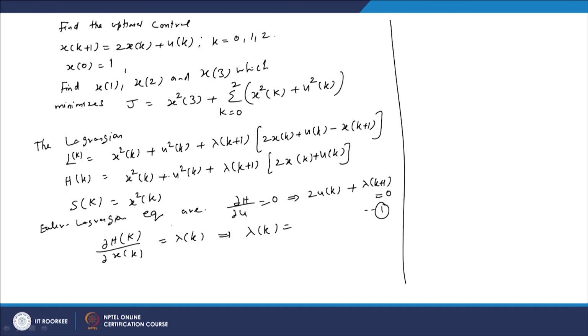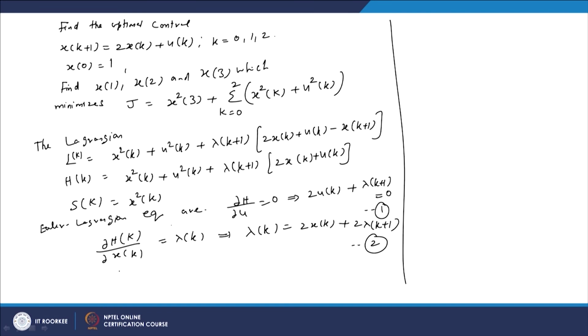So, that is nothing but 2, differentiate with respect to x k, it is 2 x of k plus, here also it is 2 lambda k plus 1 from the derivative. So, this is the second equation, and the other equation will automatically give the same equation.